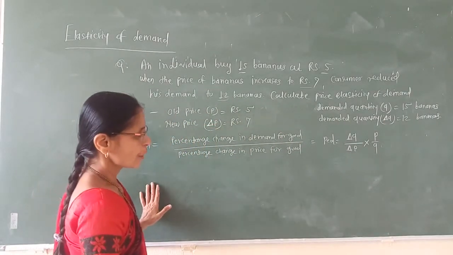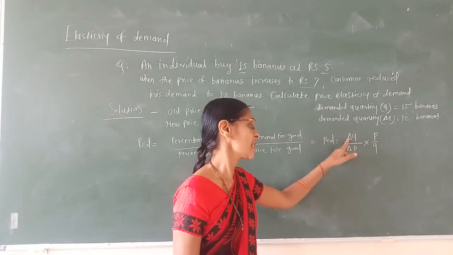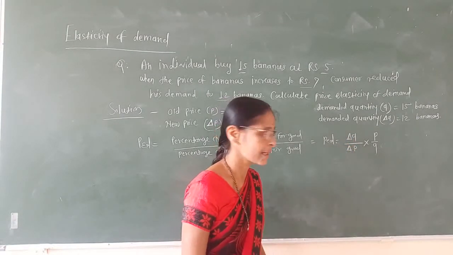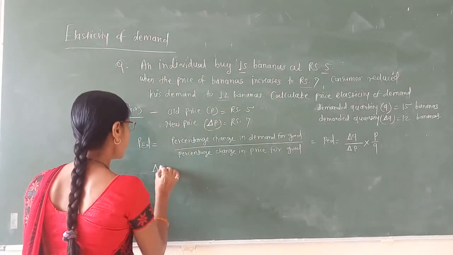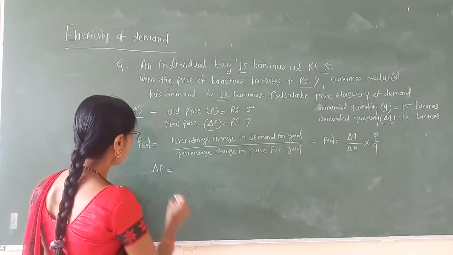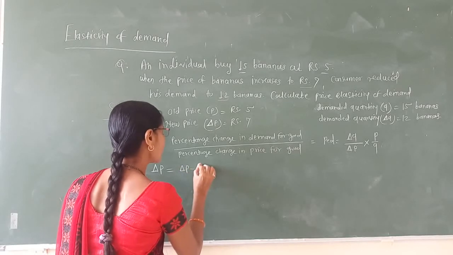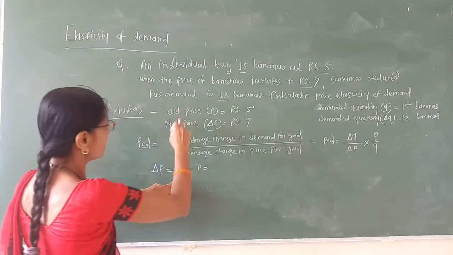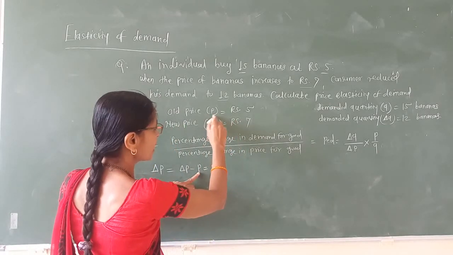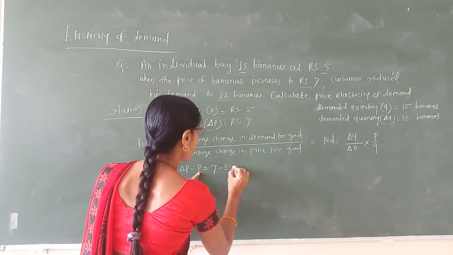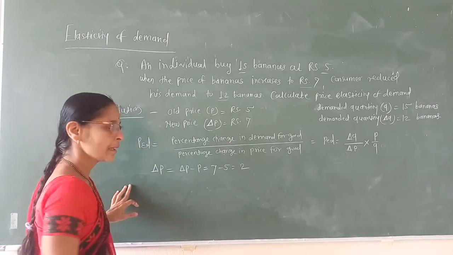If we wanted to know the change in quantity and the change in price, then the change in price is equal to new price minus old price. Here the new price is rupees 7 and the initial price of the banana is rupees 5, so delta P is rupees 2.